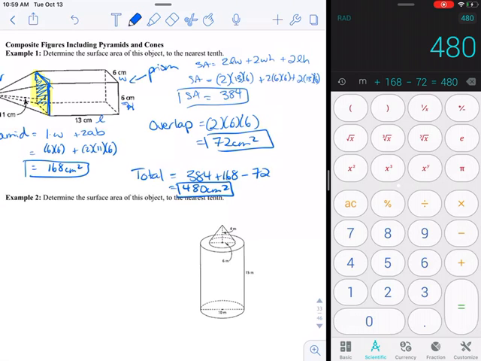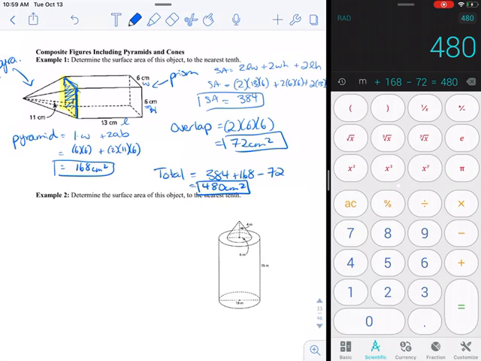centimeters squared. Okay. Find the surface area of this object to the nearest tenth. We have a cone, we have a cylinder, and we have to figure out the overlap. The cone is pi r squared plus pi rs. The cylinder is 2 pi r squared plus 2 pi rh. We'll figure out the overlap after.